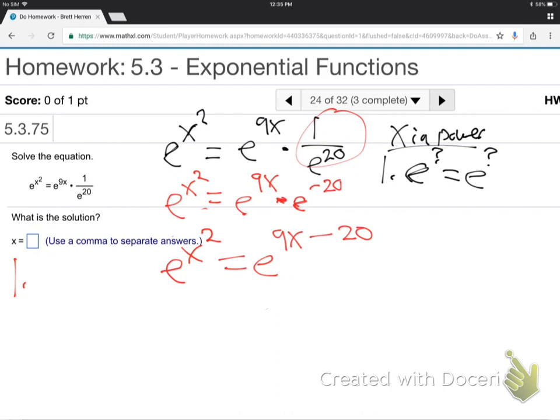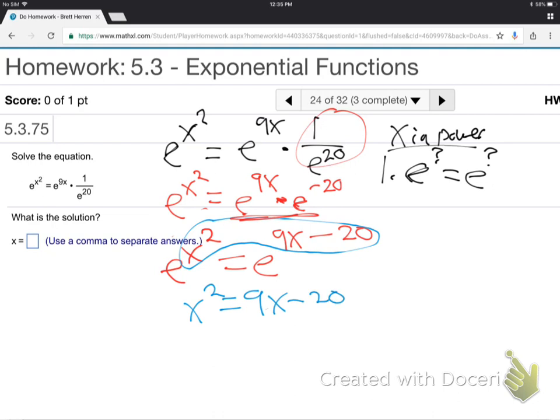It's just 9x minus 20. Everybody see that? That's how I combine them on the right side. Same bases multiplied, powers add. We saw that rule a minute ago. And now I can set the powers equal. Like that. Once you've made a single e, same base, each side, powers equal, away you go.